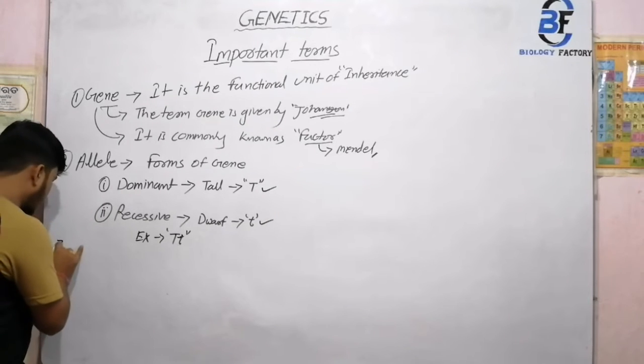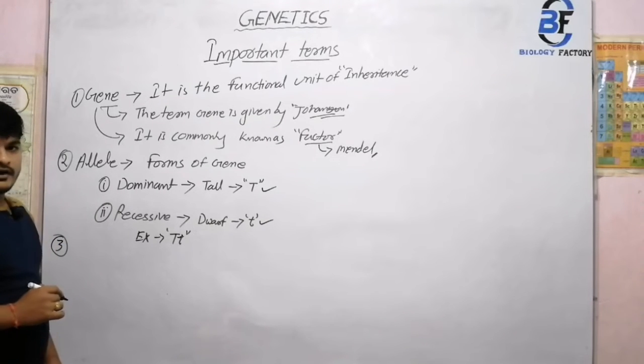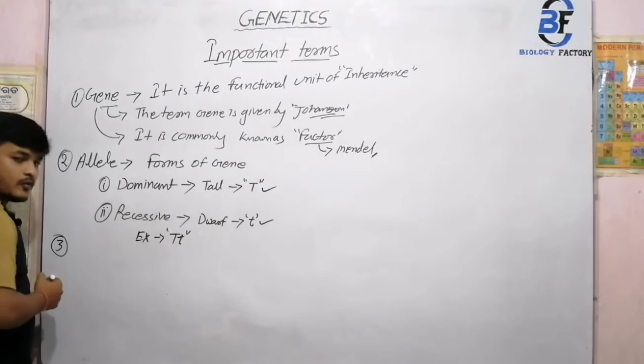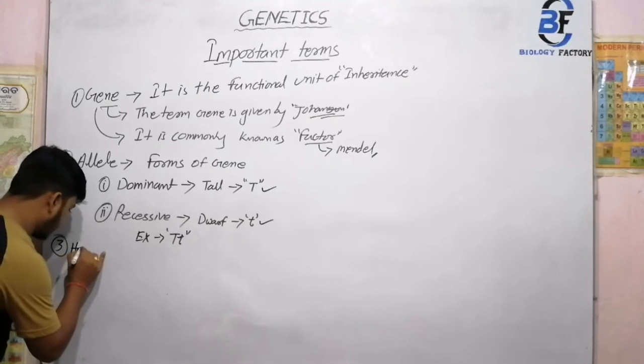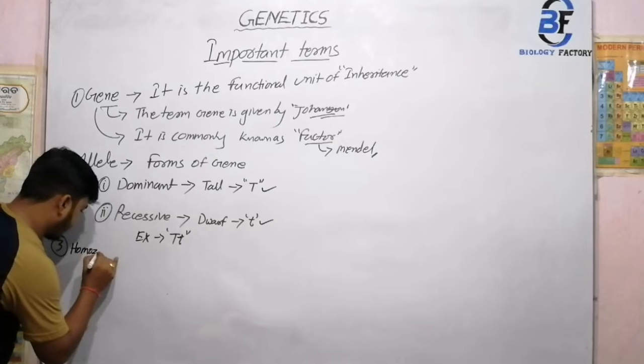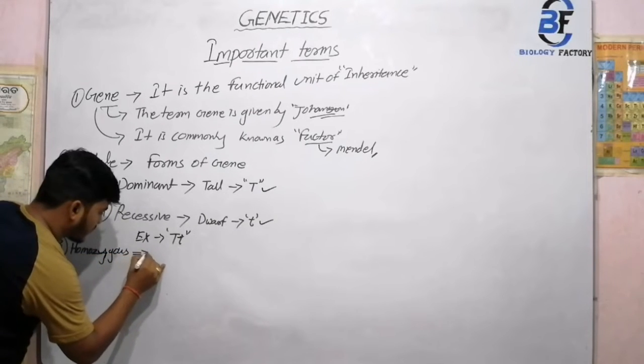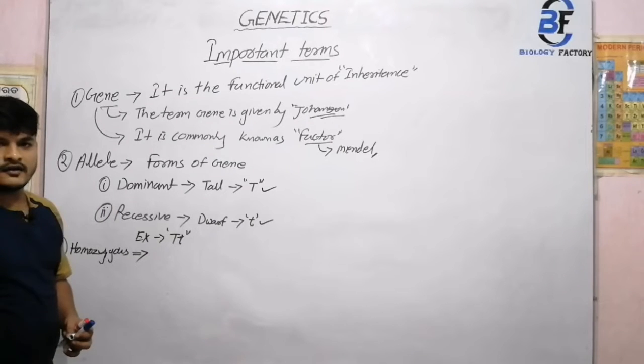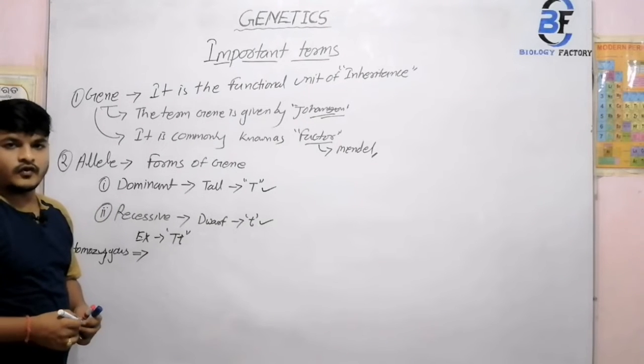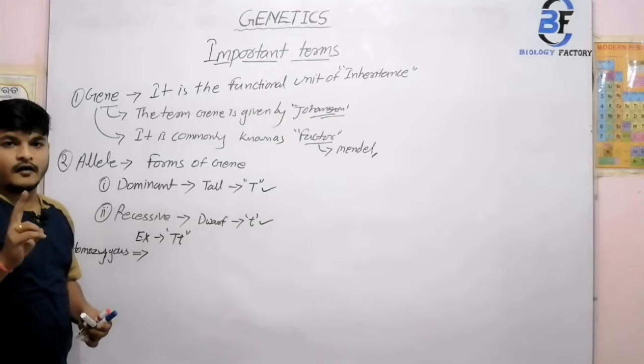Next, the third important term is homozygous condition. In homozygous condition, we find two genes of the same type.